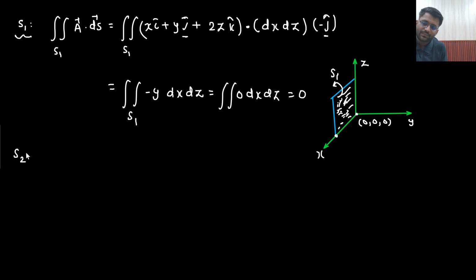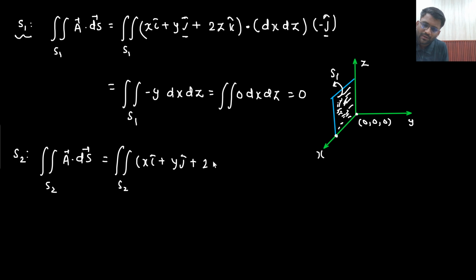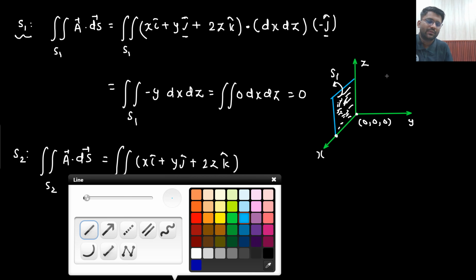For S2, what will you be getting? A dot ds for the S2 surface, where A is x i cap plus y j cap plus 2z k cap. This was your S2 surface, no?